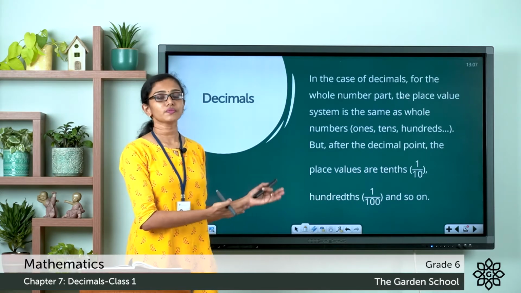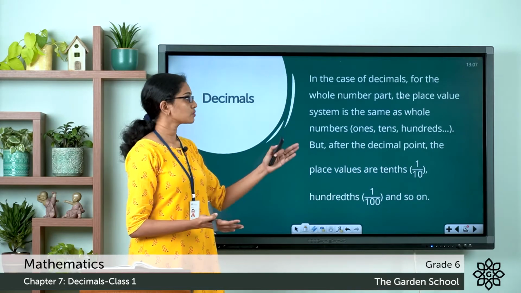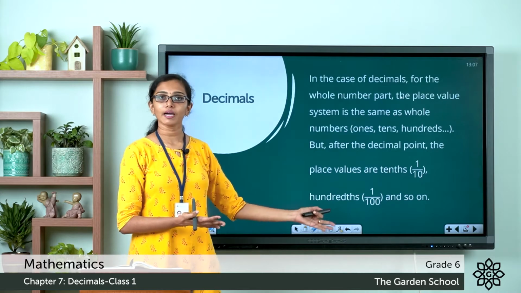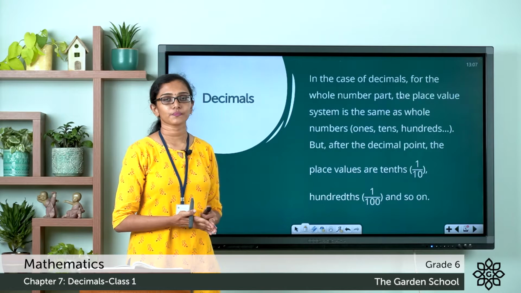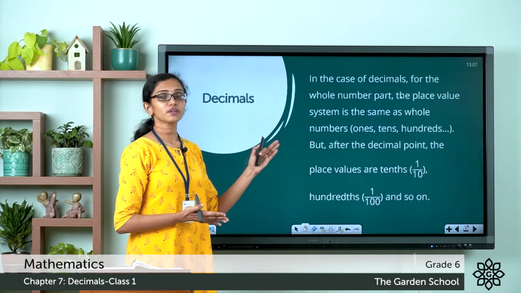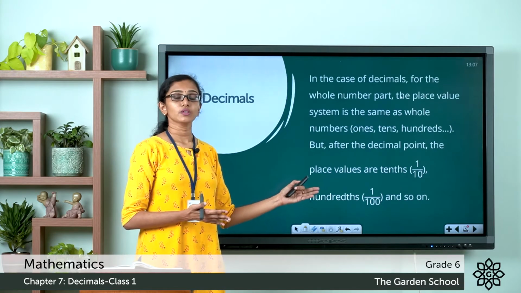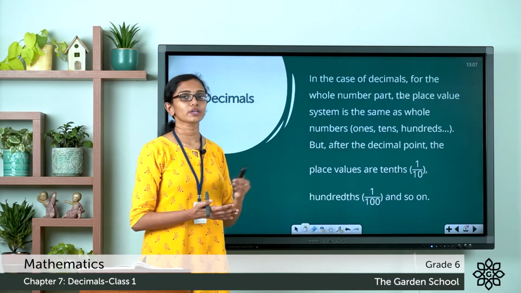To the left of the decimal point, that is in the whole number part, the places will be ones, tens, hundreds, thousands, and so on. Every time you are moving to the left, the place value increases by 10 times, or it gets multiplied by 10. But after the decimal point, towards the right, the place value changes by 1/10 every time you are moving to the right.